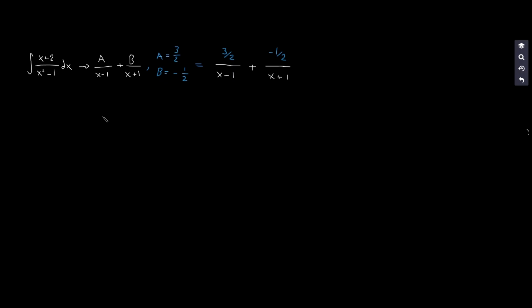So let me just rewrite this. We're going to have the integral of x plus 2 over x squared minus 1, integration with respect to x, equals, and we're going to apply the integral to both of these because of the linearity rule for integration, equals 3/2 over x minus 1 plus the integral of -1/2 over x plus 1.